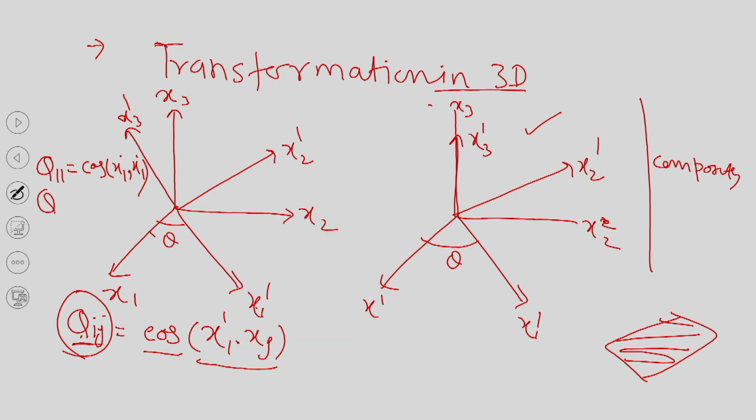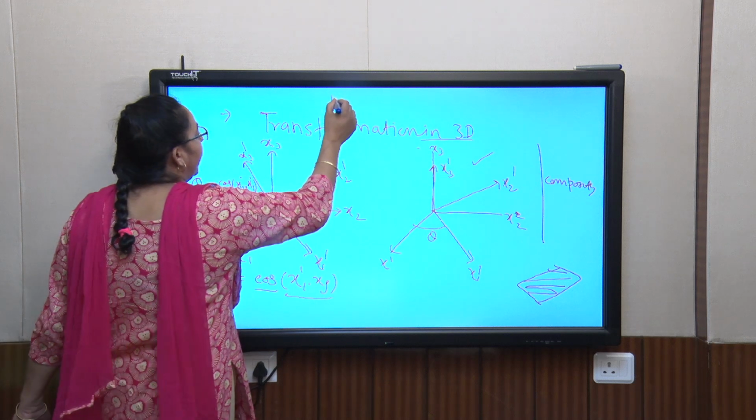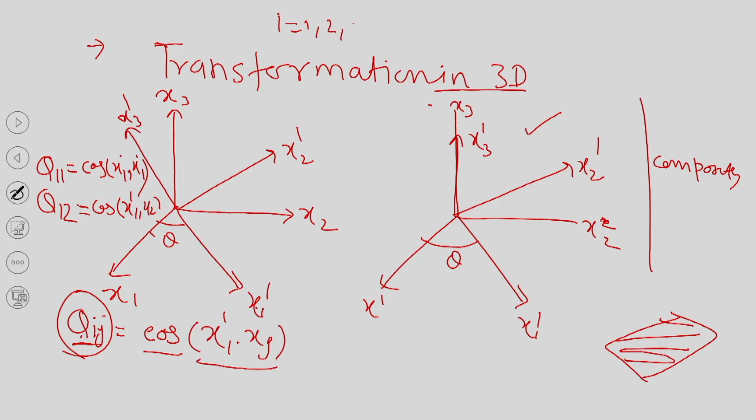Now, Q12: x1 dash will make an angle with x2, cos of that angle. Similarly, we can calculate all the elements, if I is taking 1, 2, 3 and j is taking 1, 2, 3. So, you can evaluate all the elements by following this law.